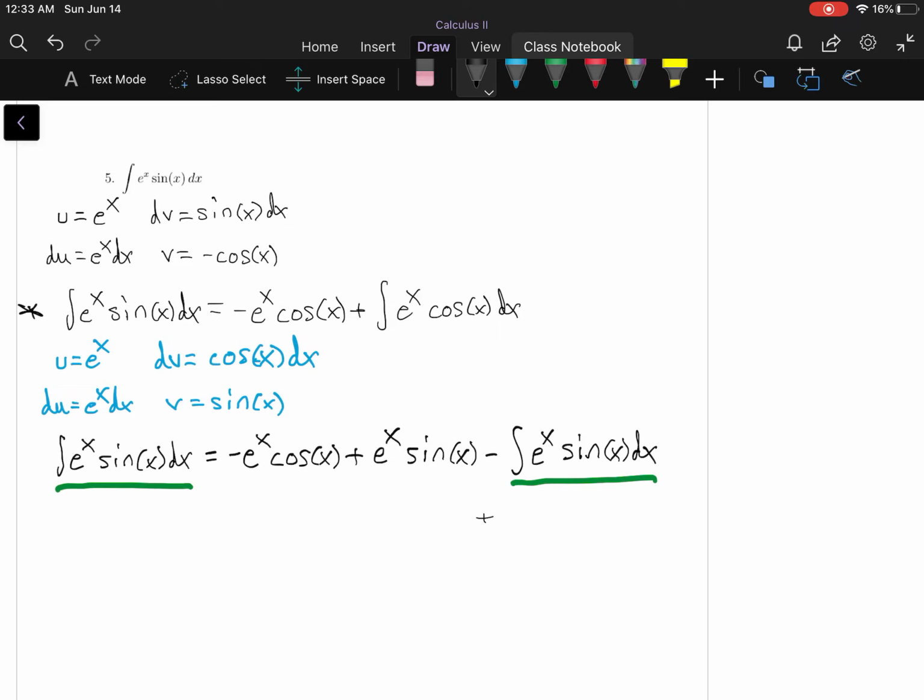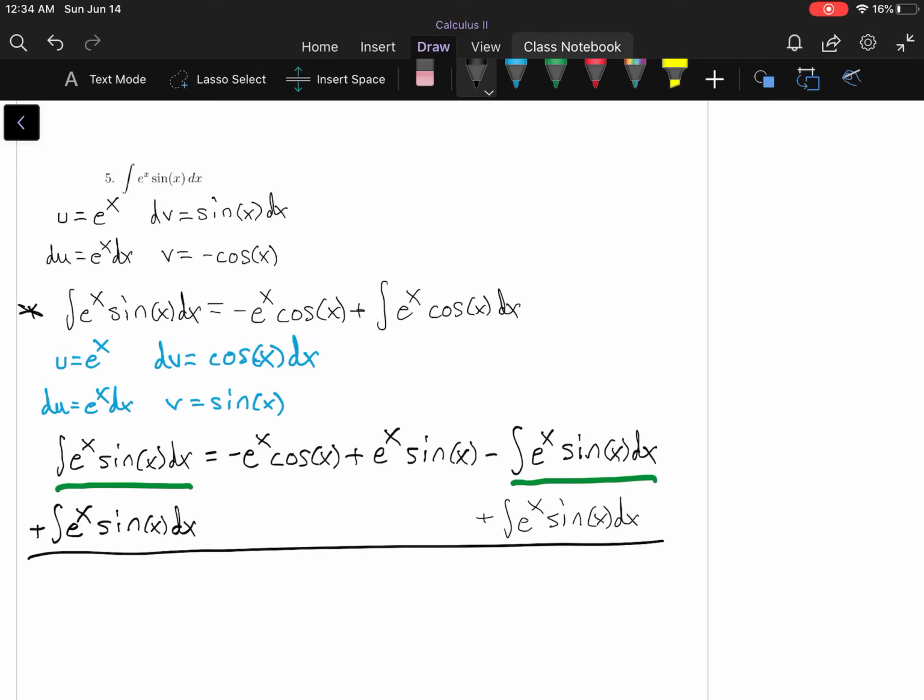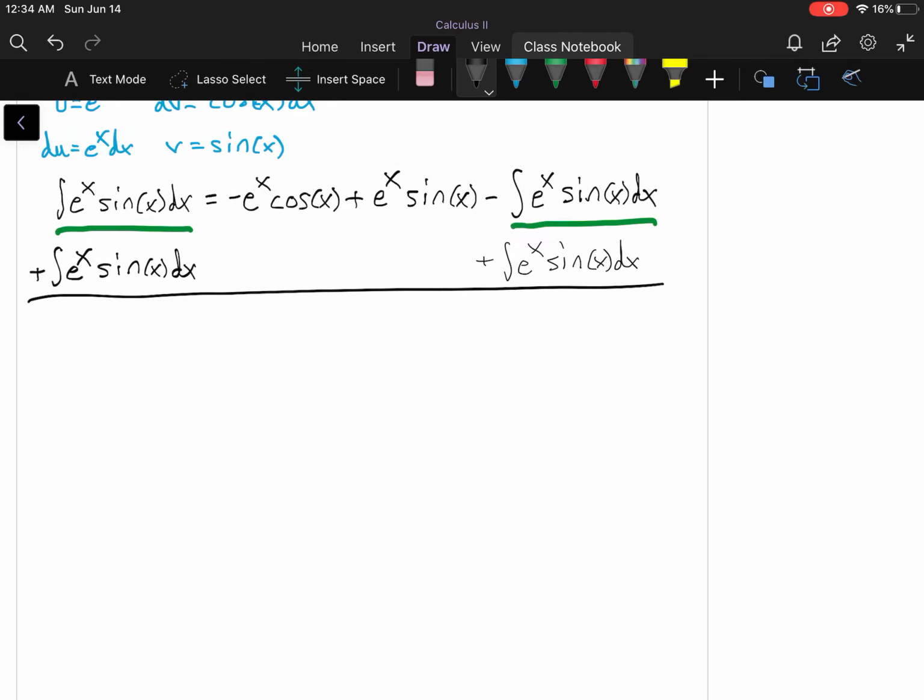Right, so I'm going to add the integral of e to the x sine of x on the right, and what I do on the right, I also have to do on the left. And that's going to give me 2 of these integrals.